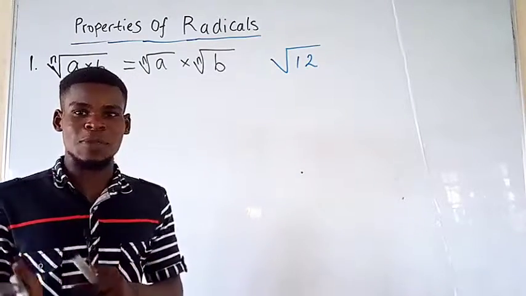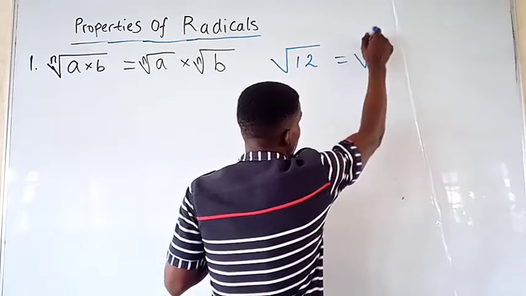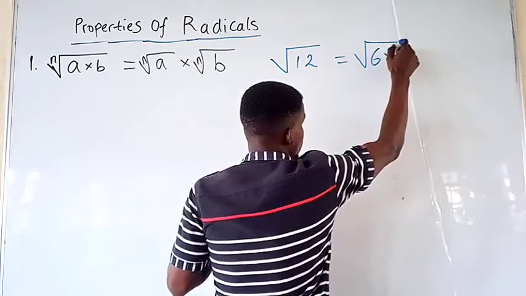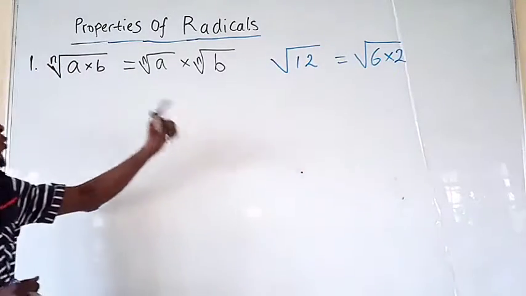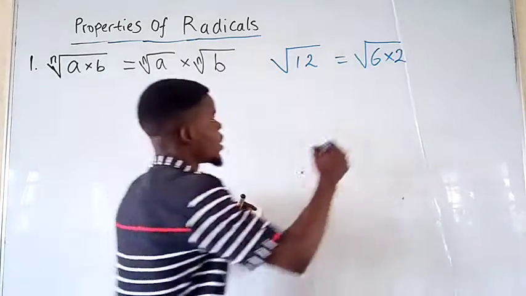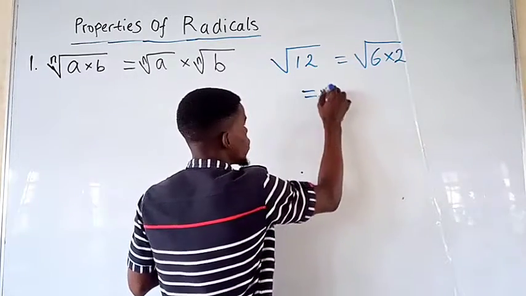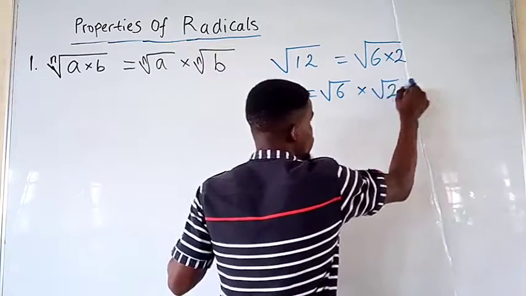Well, I'm not going to take 12 times 1. Rather, I choose to write it as 6 times 2. So when we have the product of two numbers, it can be taken this way. This means the square root of 6 times the square root of 2.